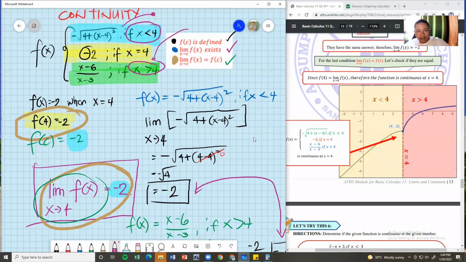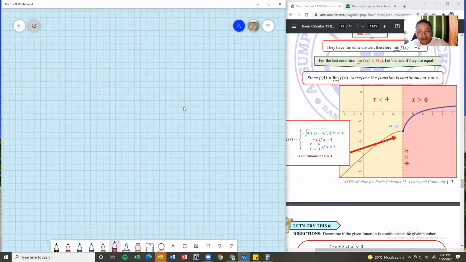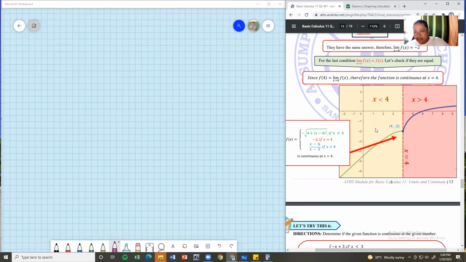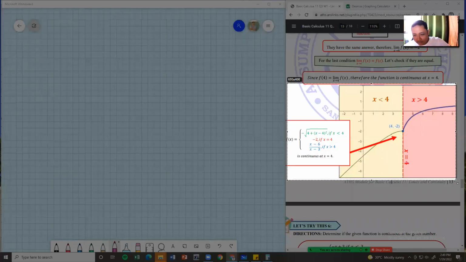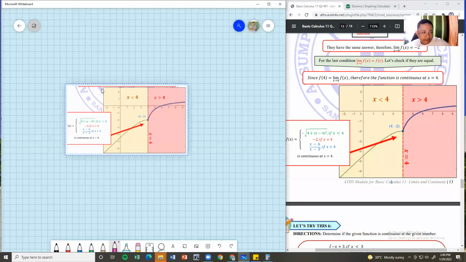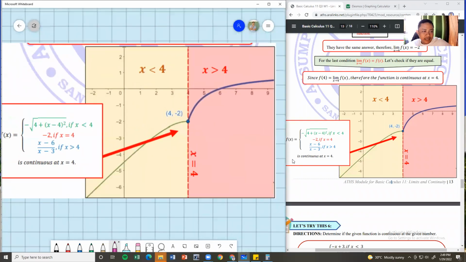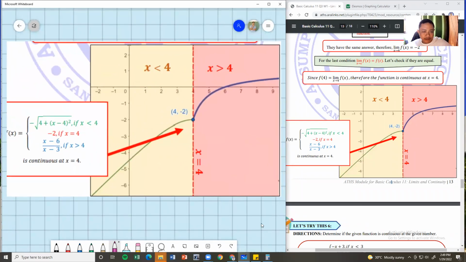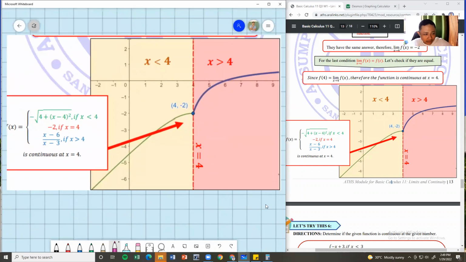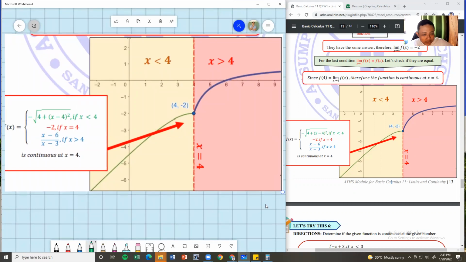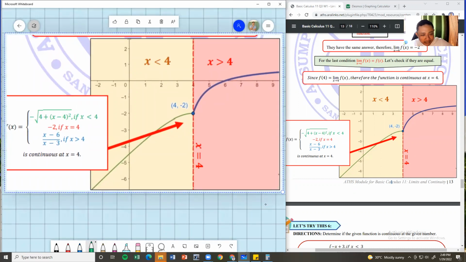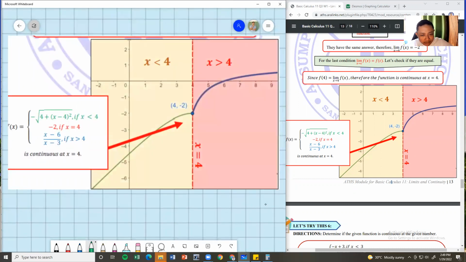Thank you. Let me explain the graph further here, just for you to see what do we mean by this continuous thing. Ayan. This is actually the graph of this piecewise function. So, looking at this, the first function a while ago, this is what we tested. So, ang graph talaga niyan, the green one, meron siyang hollow green dito.